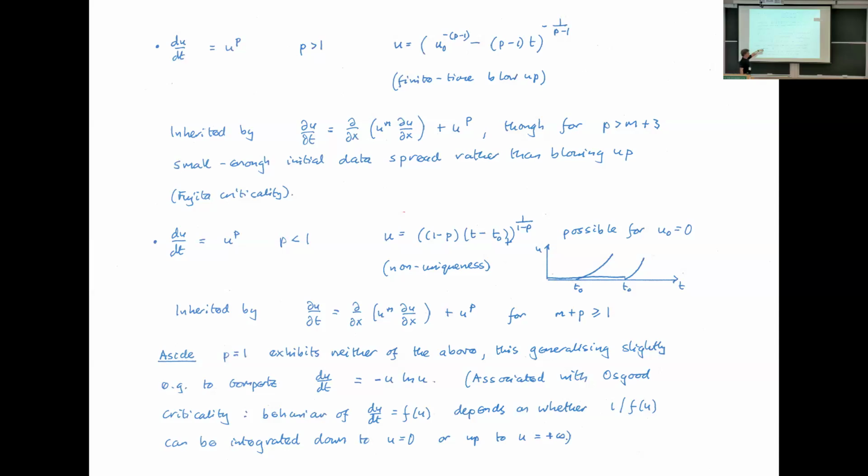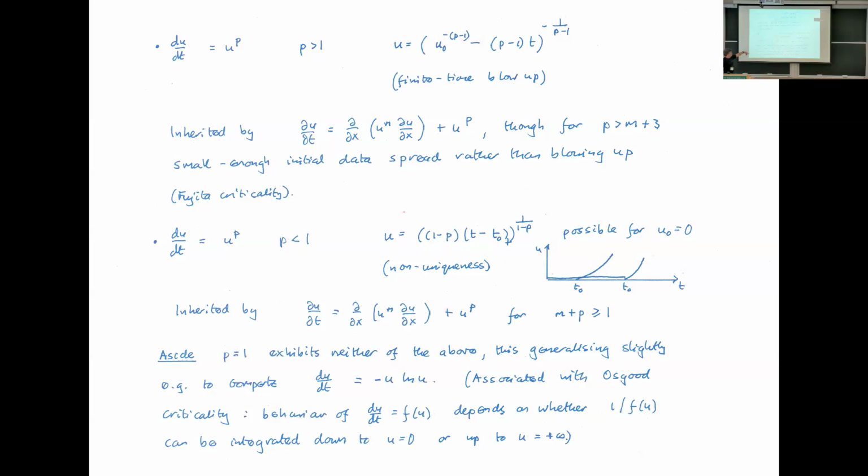But because of the property I referred to on the previous slide with M positive, you can have situations where the solution does hit 0 at finite distance for all time, rather than the non-Lipschitz source term kicking the growth up. So again, one can infer something for the PDE from the ODE.